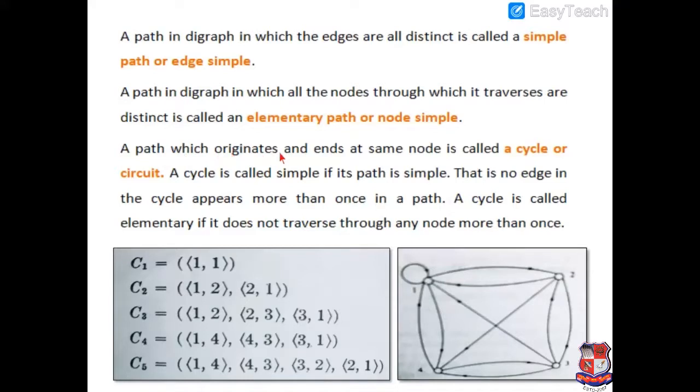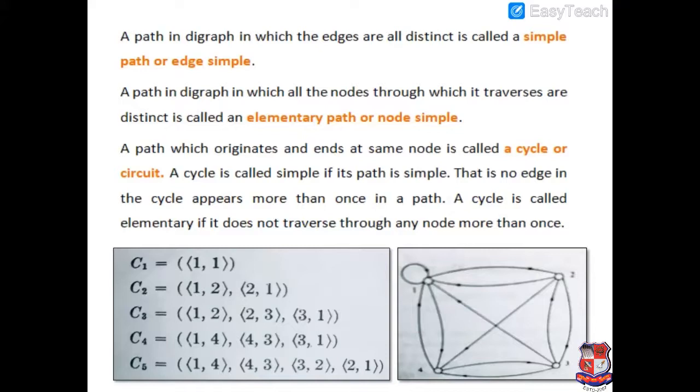Also, a path which originates and ends at the same node is called a cycle or circuit. A cycle is called simple if its path is simple.